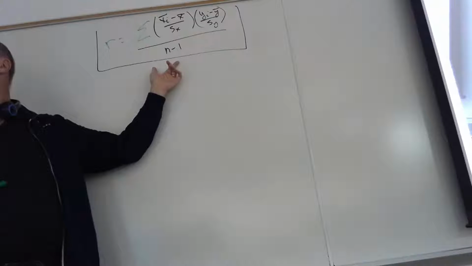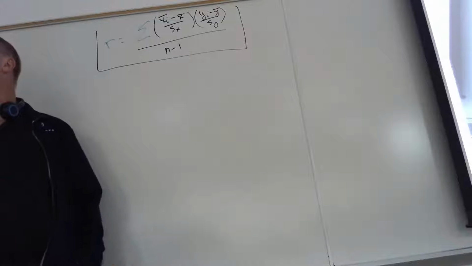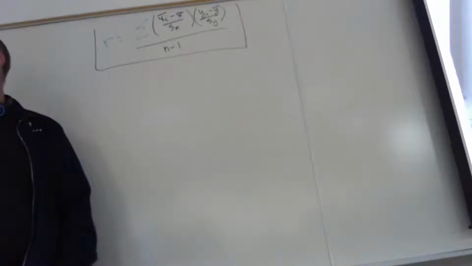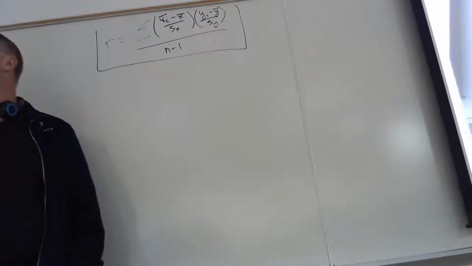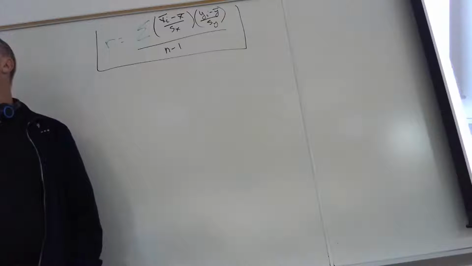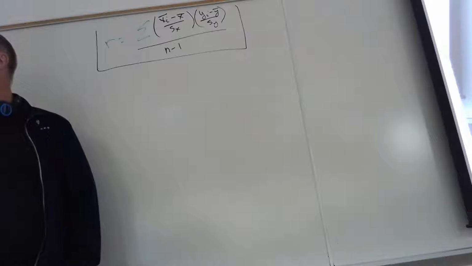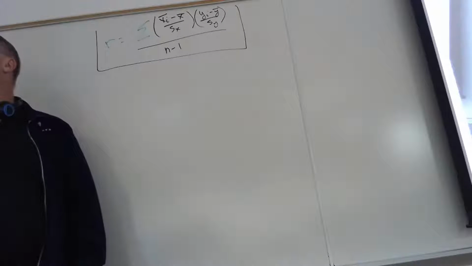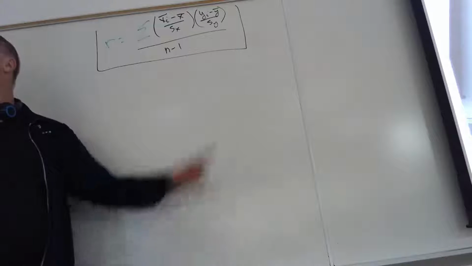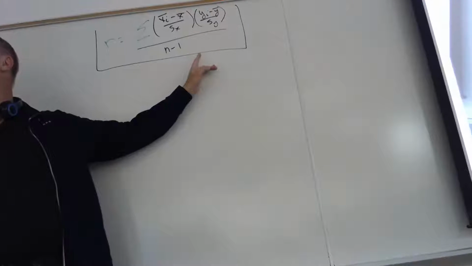I told you last week what one of the test questions was gonna be. You're gonna have to find the standard deviation by hand. That's gonna be one test question. What's gonna be a second test question? This one. You're gonna have to find the correlation coefficient by hand.